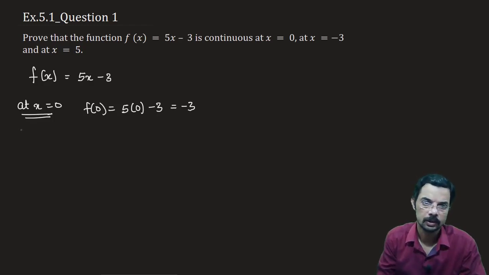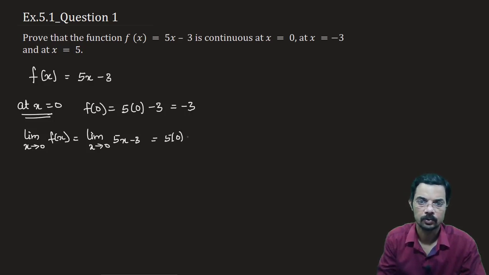Now let us check the left and right limits together because there is no breakage of the function here. Limit x tends to 0, f of x. The definition of f of x is 5x minus 3, and that will be equal to 5 into 0 minus 3, which will be equal to minus 3.